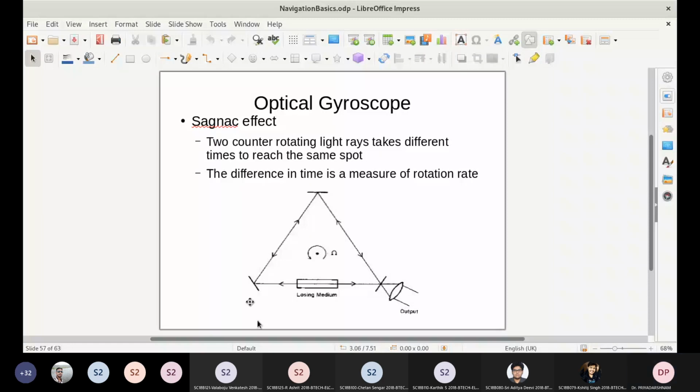Is this clear? If you have split the light into two parts and allow it to travel in opposite directions along this closed curve, and if the closed curve is rotated with respect to the center as shown, then one of the rays will take a longer distance to travel than the other.